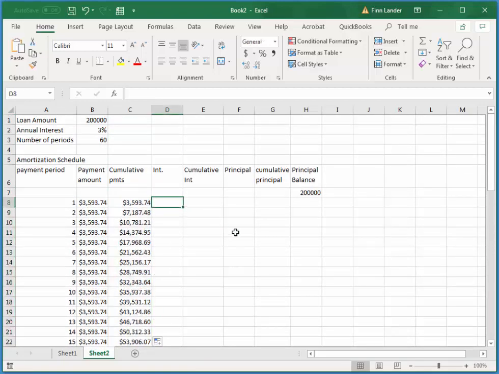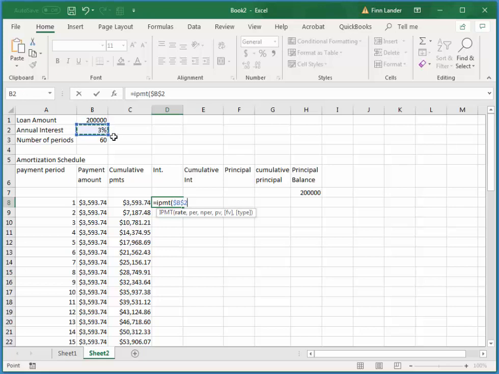Now, the reason for all of this is to see how much interest and how much principal we're paying per period, on a particular period, that is. So this equals IPMT, interest payment. And again, it just walks you through it once after we get the function name. So again, the rate, and again, I'm going to be autofilling, so I need to absolute reference that, divided by 12. The period does not need to be absolute reference because that will be increasing as we drag down.